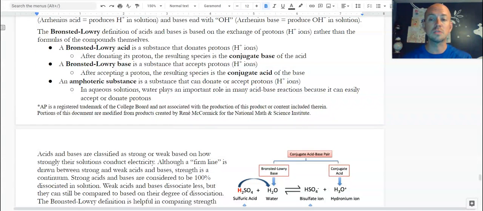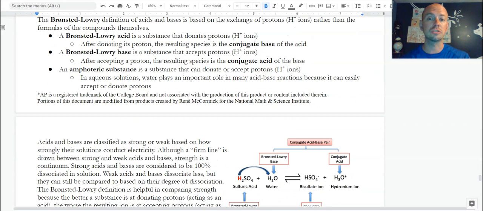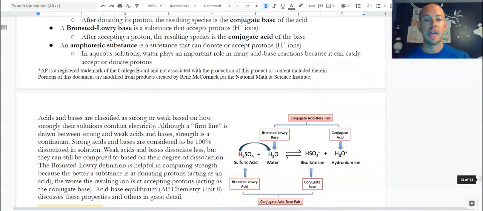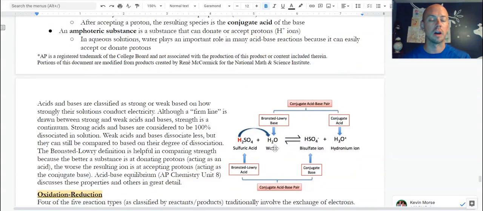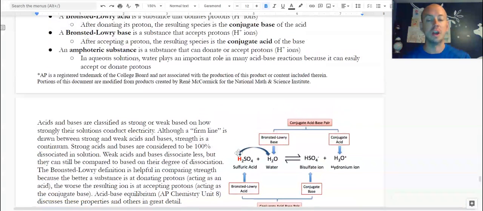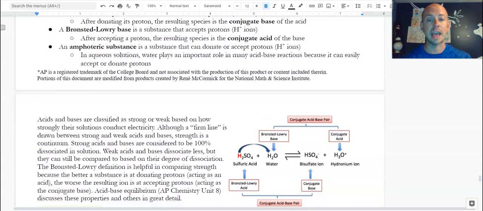And because we're always looking at things in terms of how they can exchange them, there are certain substances that can either donate a hydrogen ion or accept it, depending how acidic or how basic something is with it. An example right here would be water. In this case, water is with sulfuric acid, which we know by its name and by definition to be an acid.